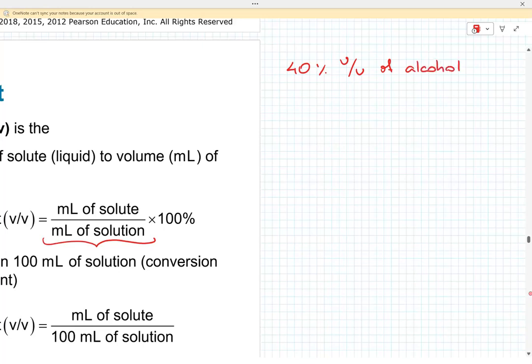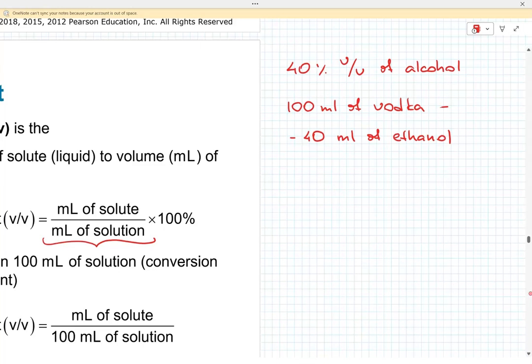Right? So, what does that mean? It means that 100 milliliters of vodka contains 40 milliliters of ethanol. Agreed?